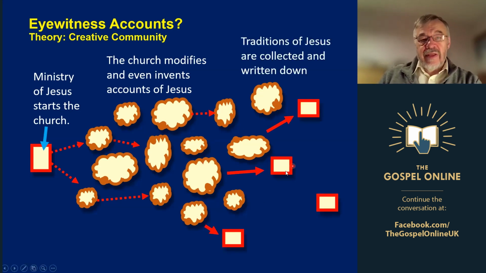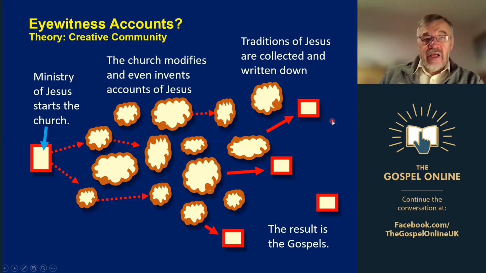Mark collects one, Matthew collects another, John collects another, but none of these are apostles. They're not eyewitnesses themselves. And we end up with 4 Gospels, which are copied and distributed to the church.